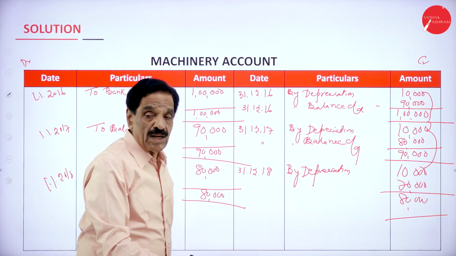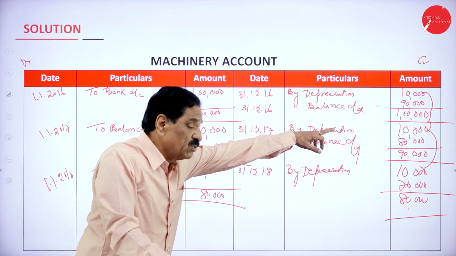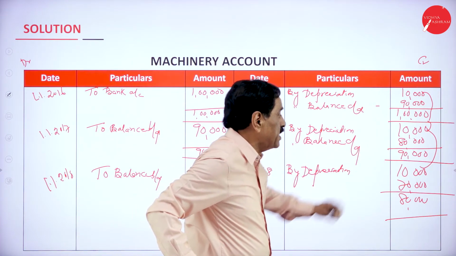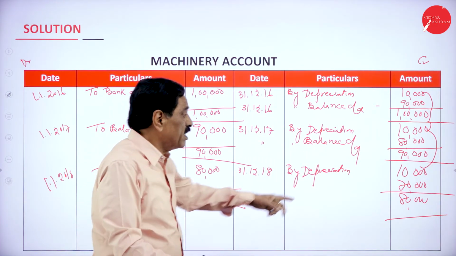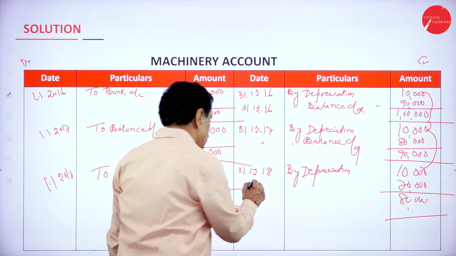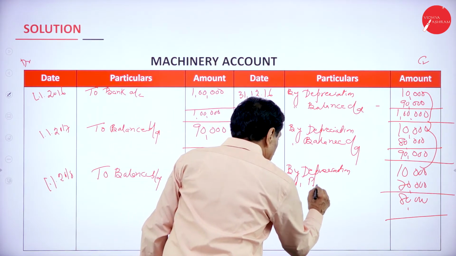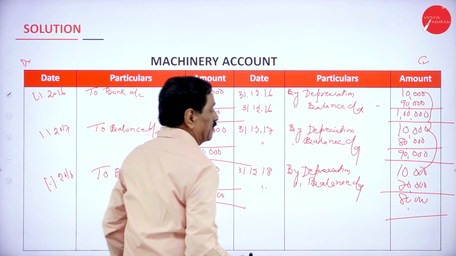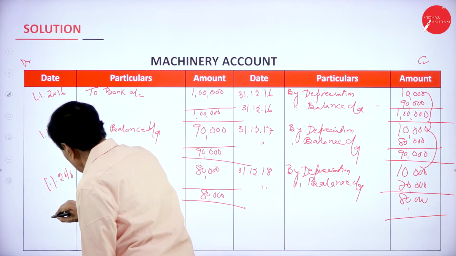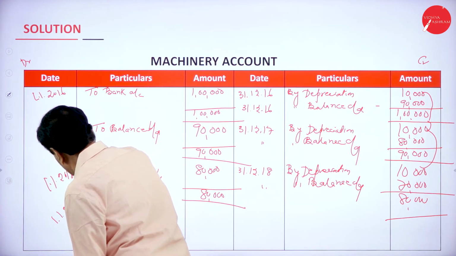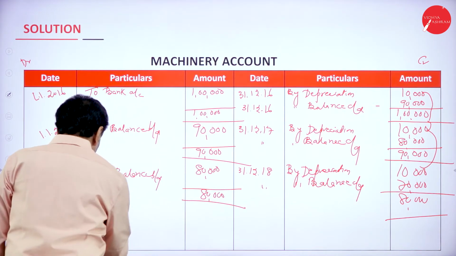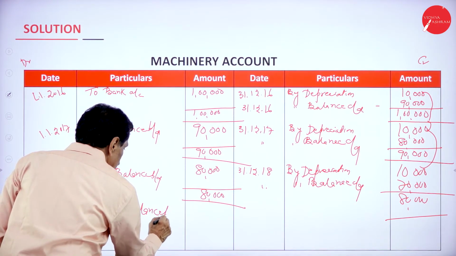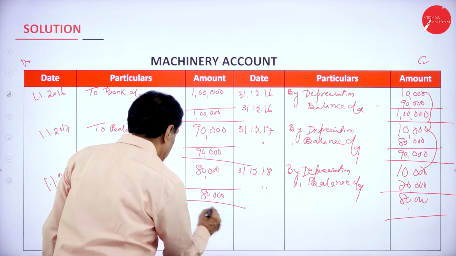What's the original value? 1 lakh. 10,000 gone is 90,000. 90,000 minus 10,000 is 80,000. 80,000 minus 10,000 is 70,000. By balance carried down 70,000. Brought down to the next year, 1/1/2019, to balance brought down. Value is 70,000.